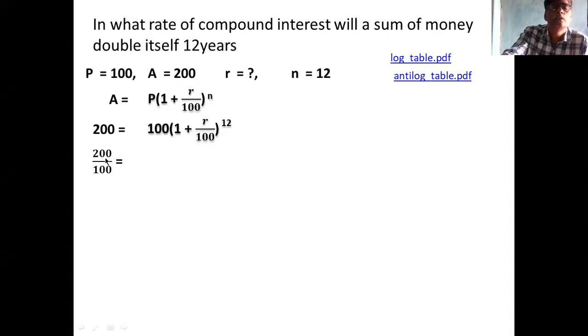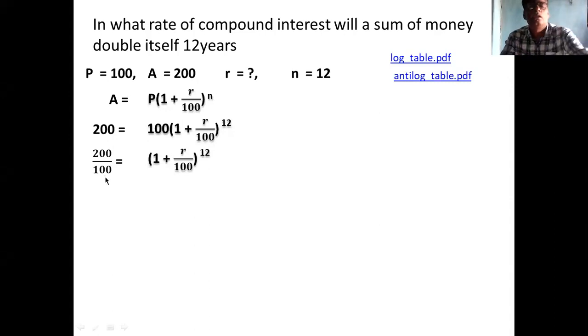The next step is 200 divided by 100 is equal to 1 plus r by 100 raised to 12. Here you may cancel. 200 divided by 100 is equal to 2. You may take 2, no problem.